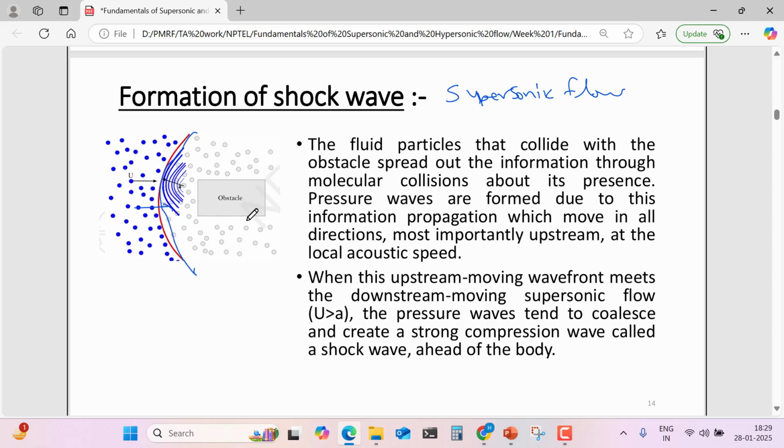This strong compression wave is called the shock wave, and here this wave is in the shape of a bow, so this is called a bow shock. And just in front of this body, this bow shock is the strongest. So the distance between these 2 points is called the shock standoff distance.